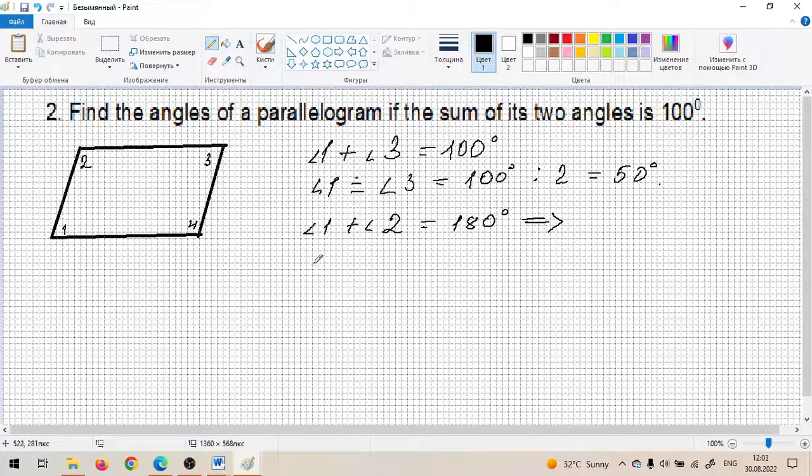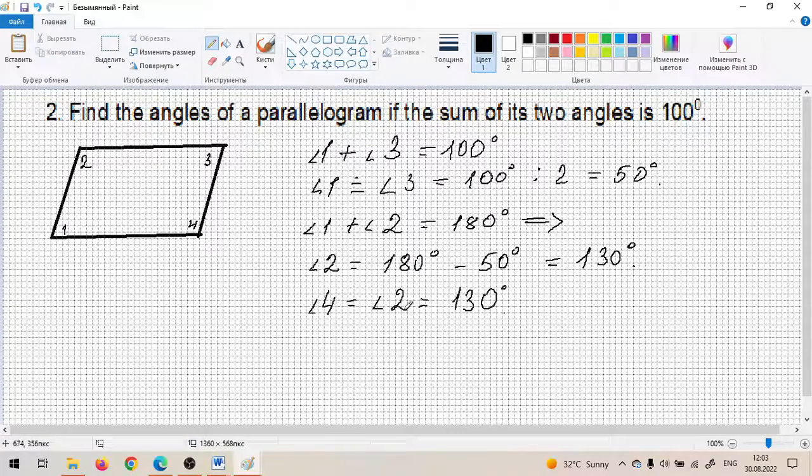So angle 2 is 180 minus 50, it's 130 degrees. Angle 4 and angle 2 are opposite, so angle 4 and angle 2 are equal, so 130 degrees, angle 4 too. That's all.